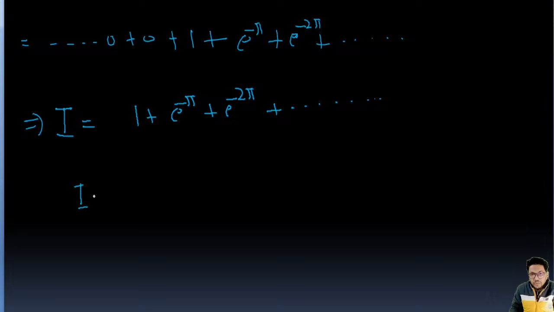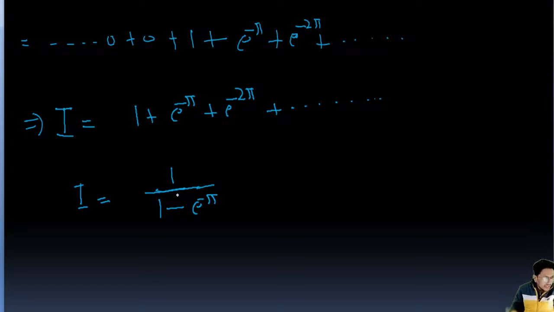So this is going to be I equal to a upon 1 minus r, where a is 1, and r is e to the power minus pi.